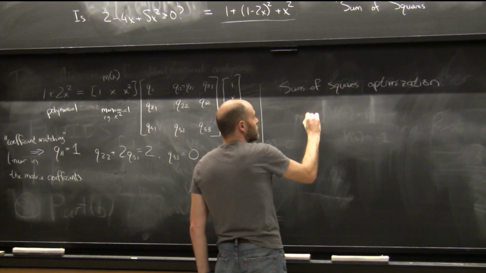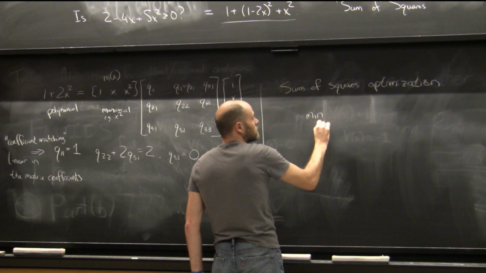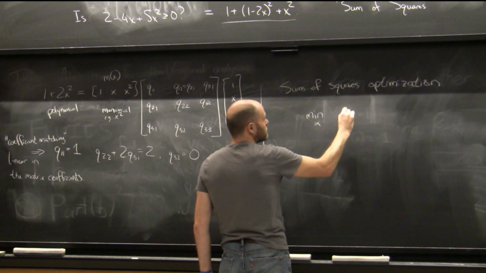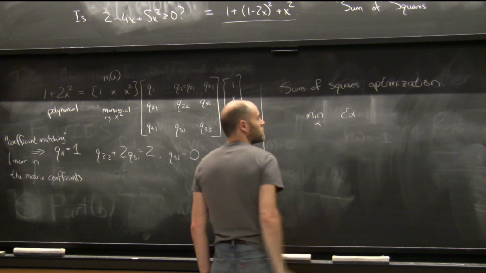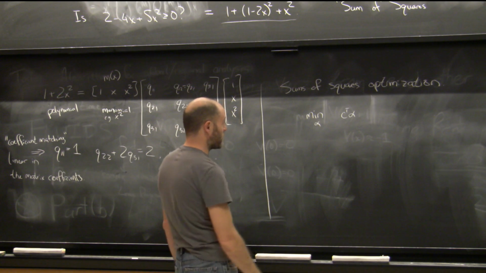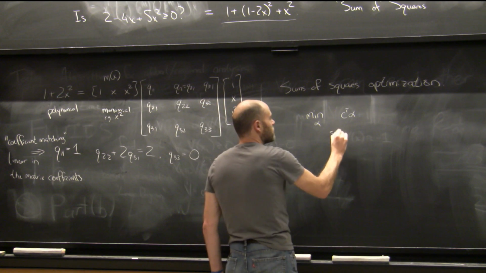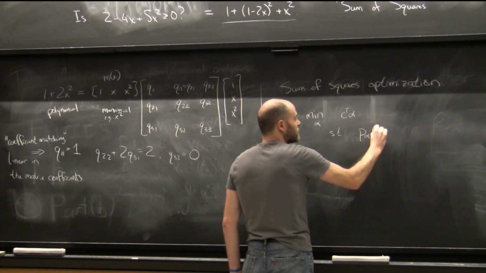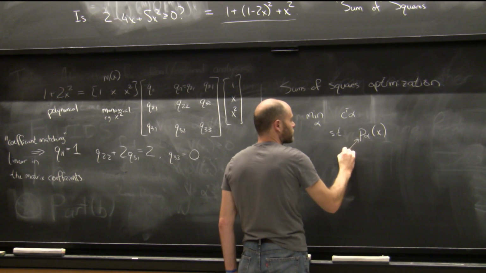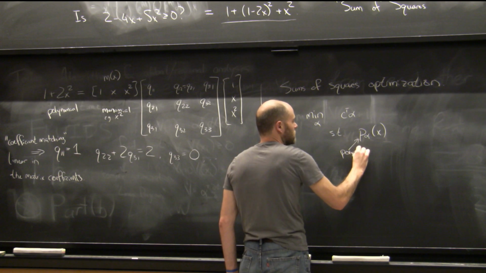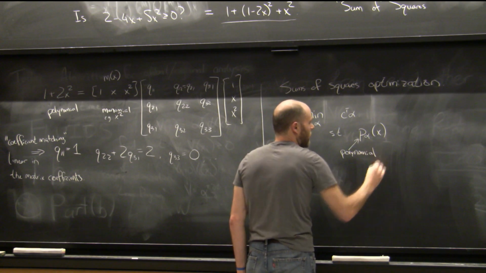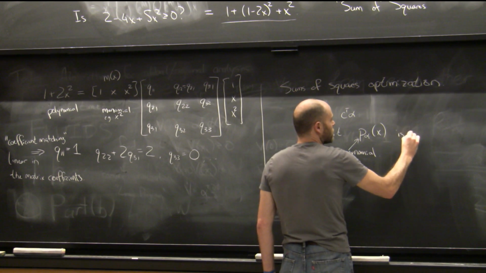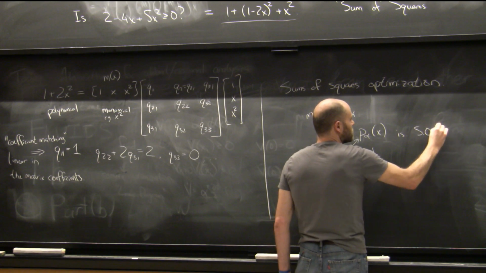So I can minimize over parameters alpha any linear objective of my alpha subject to some polynomial, let's say, in x. And the way we write it is sums of squares.